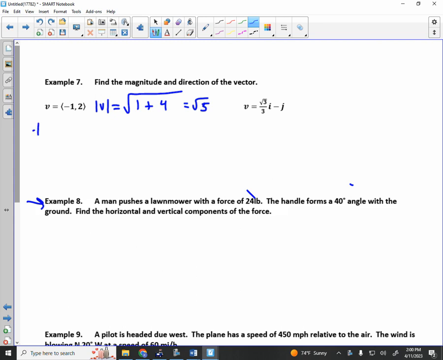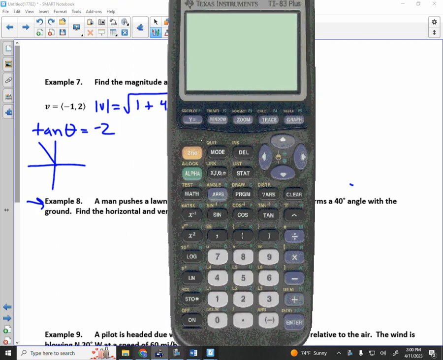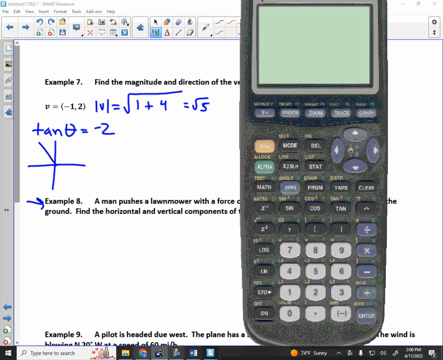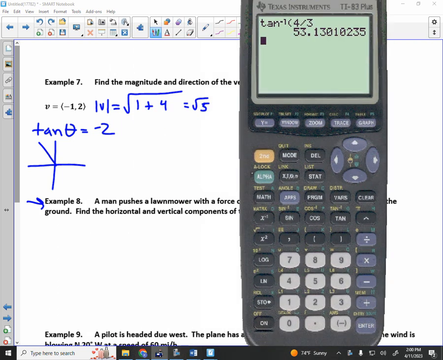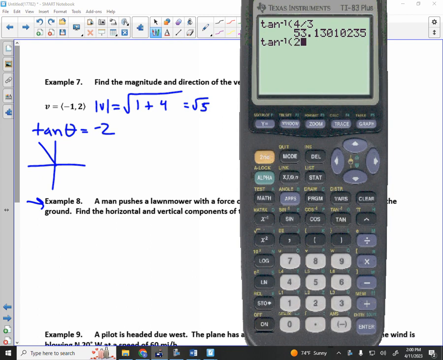Come up with the angle. Tangent of theta is equal to what? Negative 2. Good. Which quadrant am I working in? Second quadrant. A tangent inverse 2, and I get 63.43.